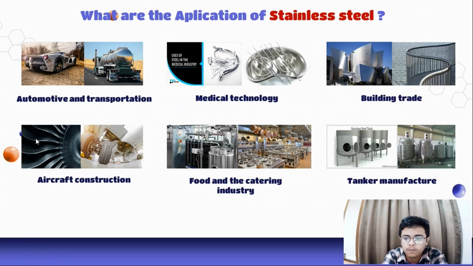The applications of stainless steel are so many, widely used in this world, and really help us in many ways, such as automotive and transportation, and then medical technology, maybe cutting, and then the building trade, and then aircraft construction, and the catering industry and tanker manufacturing. So there are very many uses for stainless steel on earth.